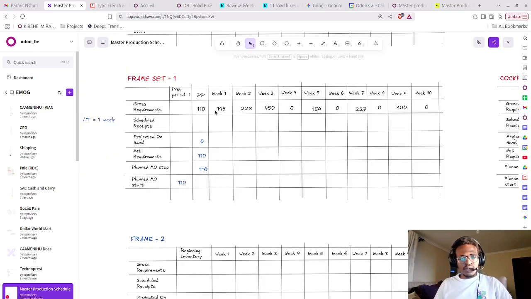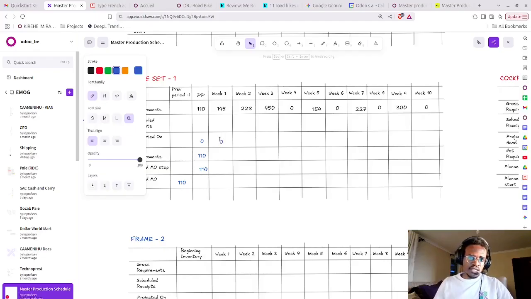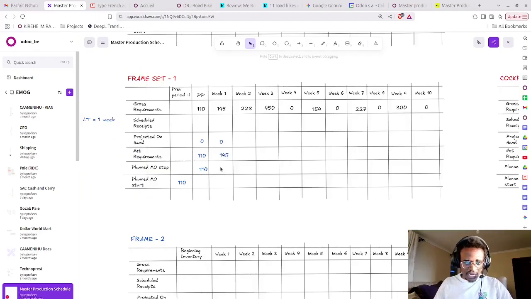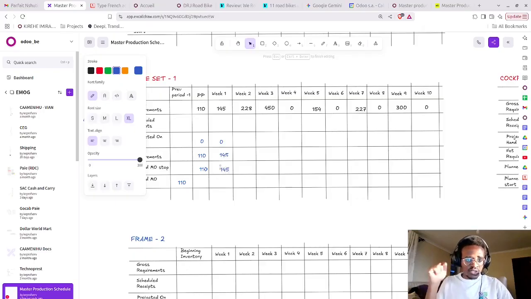So that's good. Same scenario here. I need 145. I have 0 on hand. I need to have 145 orders stopping in week 1 so that I can have those items. So I need to start it 1 week before. 228, I have 0 on hand, so I have a net requirement of 228.